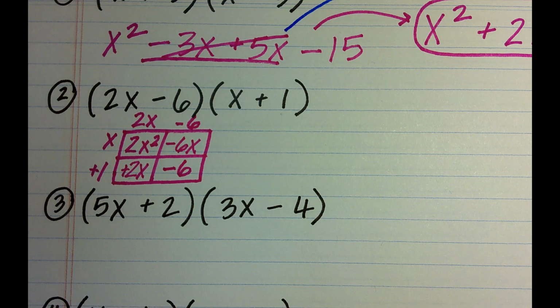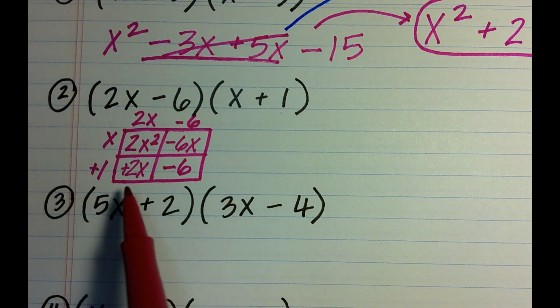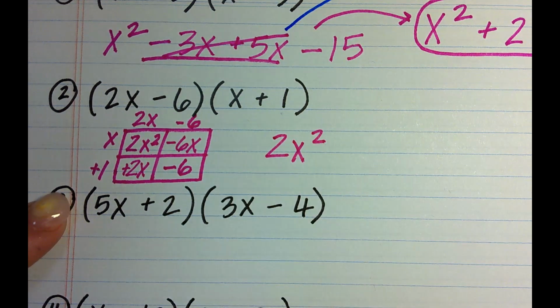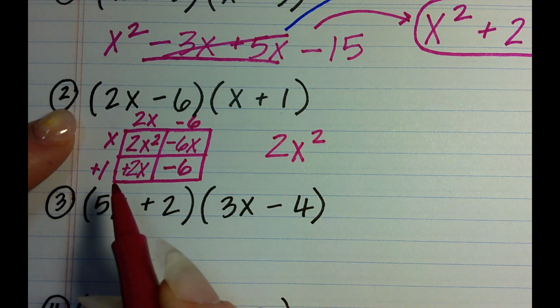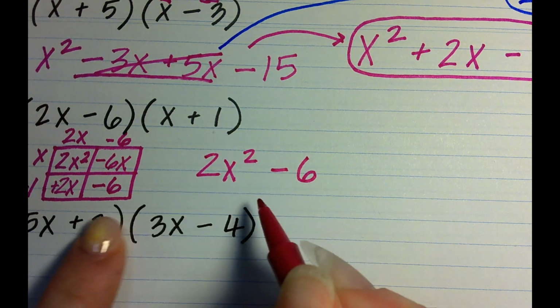All right, great. So Amanda, go ahead and finish helping us solve this one. We've got all of our 4 terms. What do we do next? It's going to be 2x squared. And then I'm going to take my -6 and add 2 to get -4x. Yes. So I'm going to write this out and then I'll combine them.